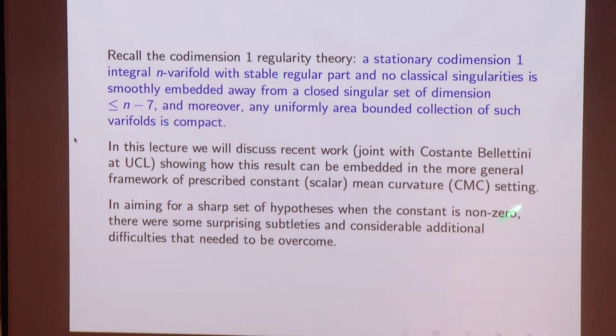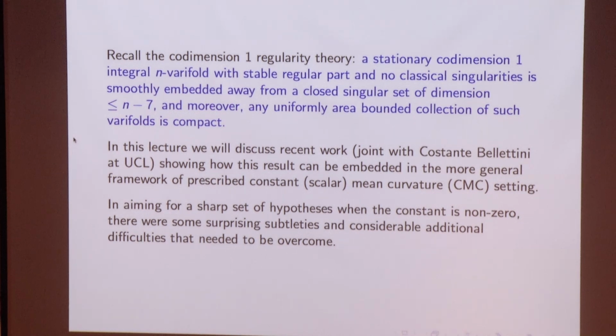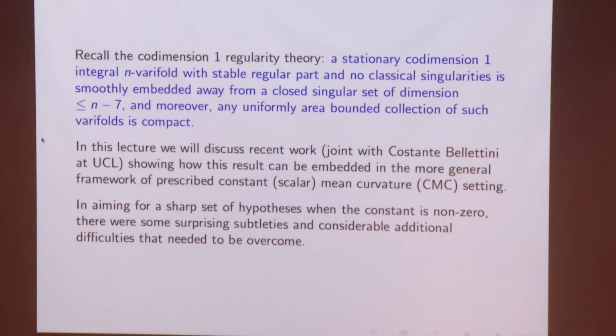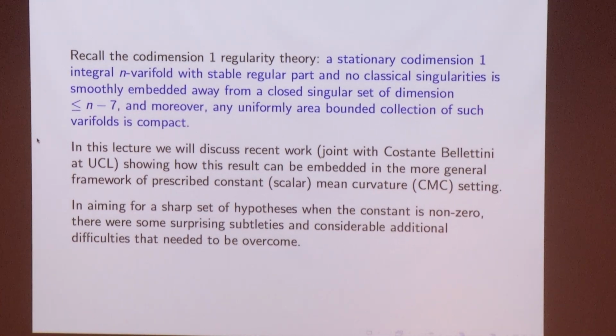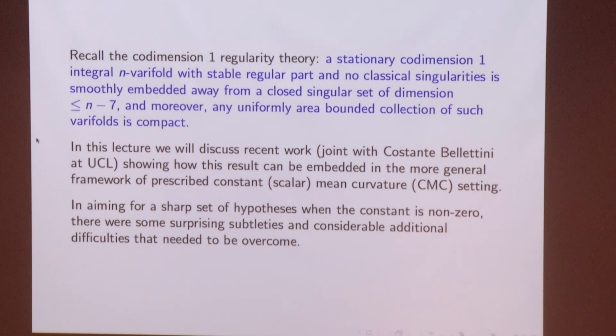The emphasis here is to get a theory with sharp hypotheses and conclusions, saying that the surfaces are classical. In the CMC case this is already going to be a bit different, because one important difference compared to the minimal case is that two things can touch.